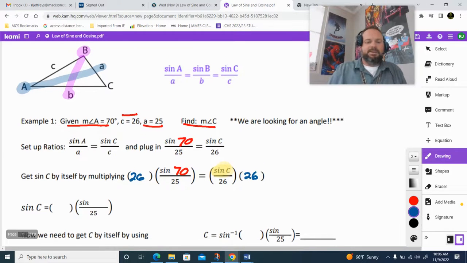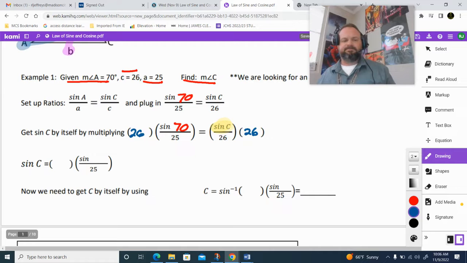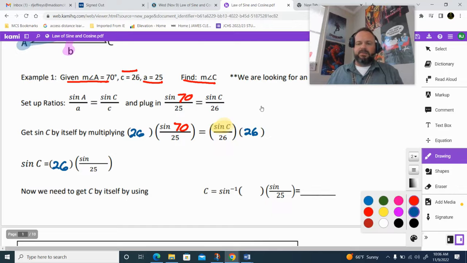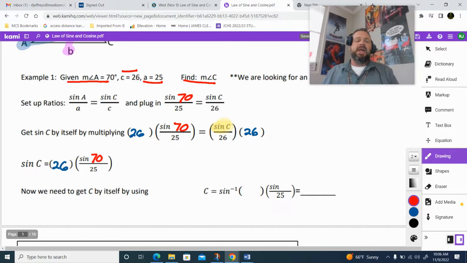Now here's what's odd. I don't know if they covered this in geometry, and some of y'all had a bad experience in geometry, and for some of y'all it's been forever since you had geometry. You can't divide by the sine of C.